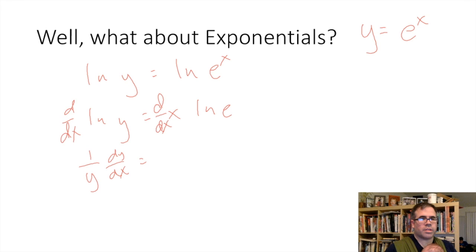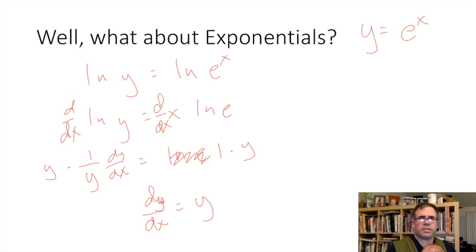And on this side, we just get the natural log of e. You may not necessarily remember this from pre-calc, but the natural log of e is just equal to 1. So we get 1 over y times dy dx equals 1. You can multiply both sides by y. We get dy dx is exactly equal to y.